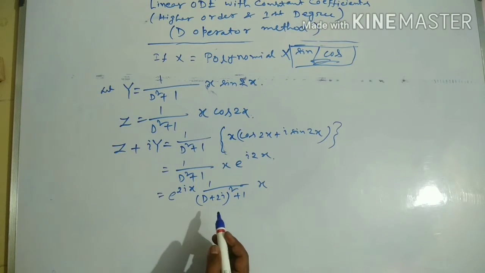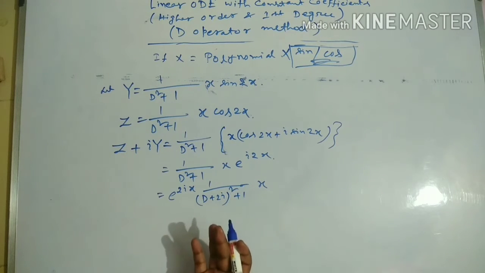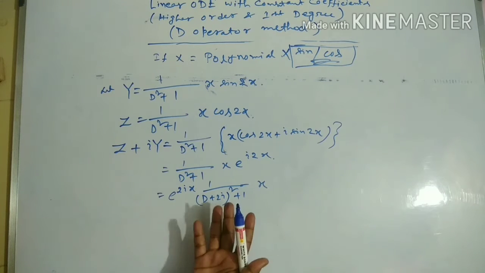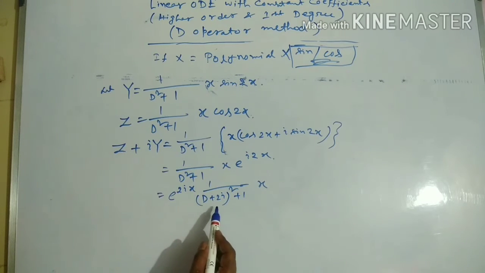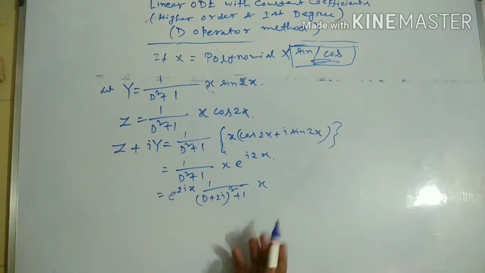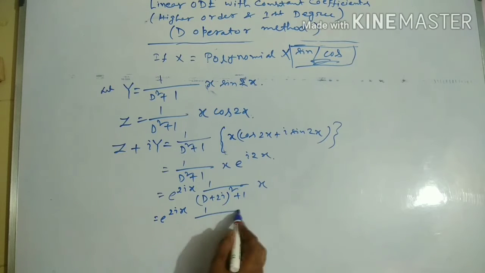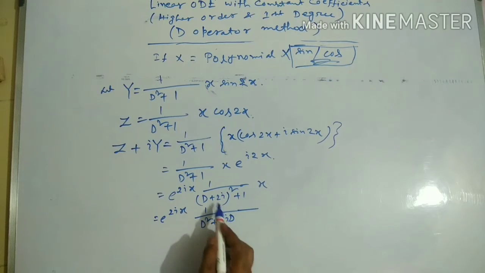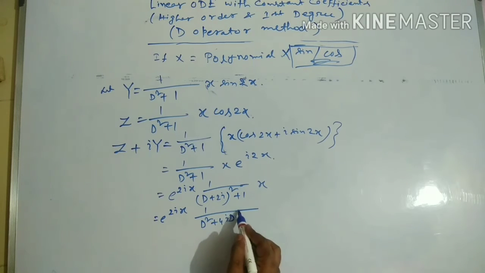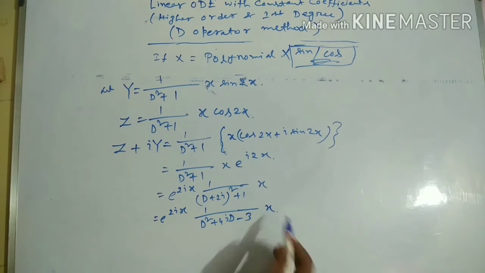If the function is a product of an exponential function and a polynomial or sine or cos, here it is the product of exponential and polynomial, so I put D equal to D plus a and operate on the remaining function. So e to the power 2ix, this will be D square plus 4iD, and 4i square is minus 4, plus 1, this will be minus 3, operating on x.